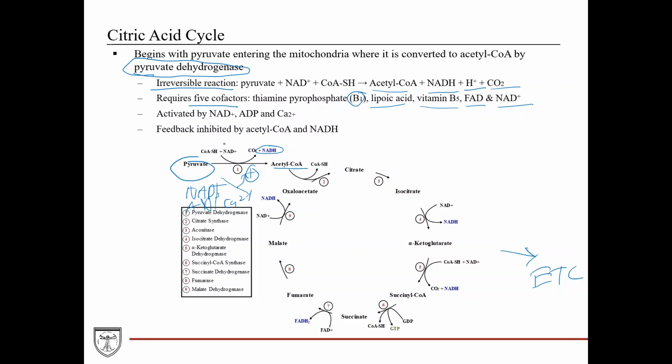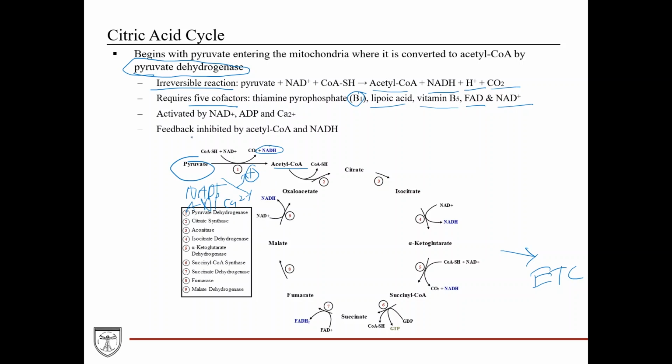That makes sense. You have a buildup of NAD+, you're going to want to push this reaction forward. Buildup of ADP means that you have a lot of ADP that's ready to be formed into ATP, but to get it there, you have to generate these electron carriers so that the electron transport chain can carry out its function. So a buildup of ADP is going to push this reaction because it means that the cell is depleted of energy and is ready for new energy generation. And then calcium also activates this as well.